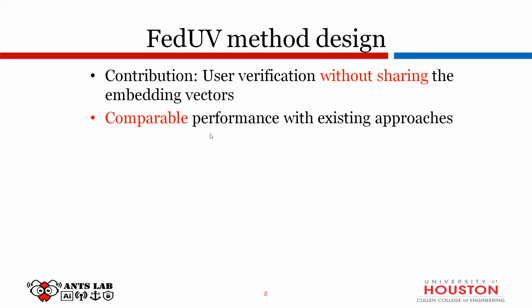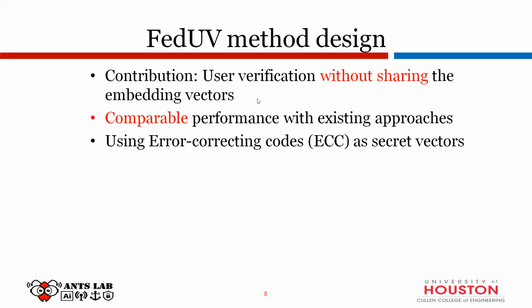And the second claim is that they have comparable performance with existing approaches, which means that even with their method, it's not going to really slow down or lower the accuracy that much. Also, they talk about how this is based on using error correcting codes as secret vectors, which we will talk about later in the presentation.